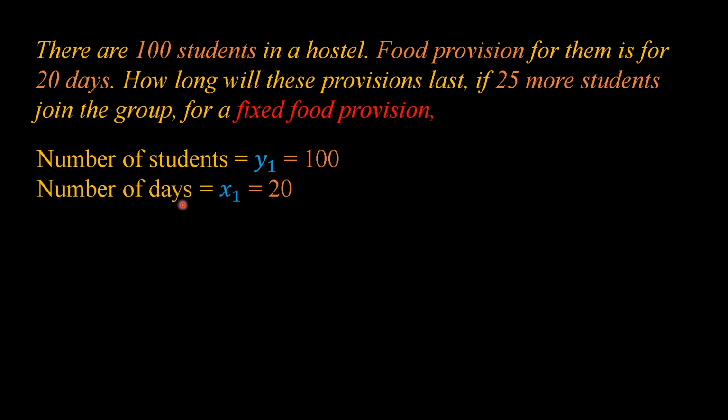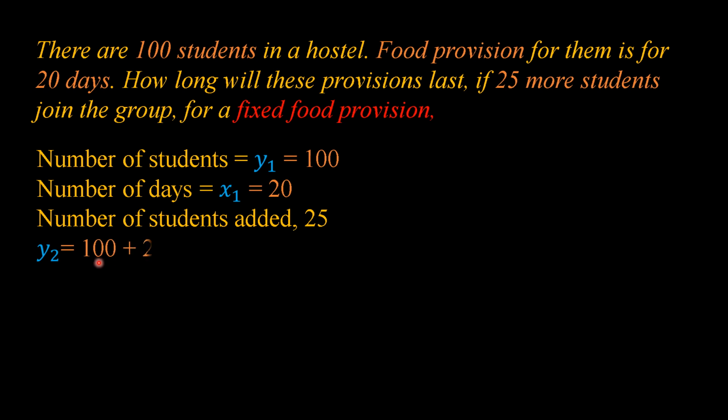Number of days for which the provisions will last, x1, is 20 days. Number of students added is 25. So the new number of students y2 becomes 100 plus 25, that is 125. We have to find the number of days x2 for which the food provision for 125 students will last.